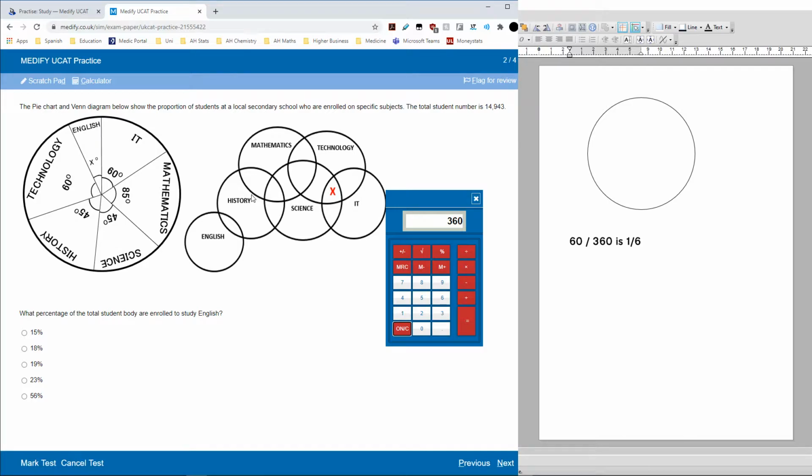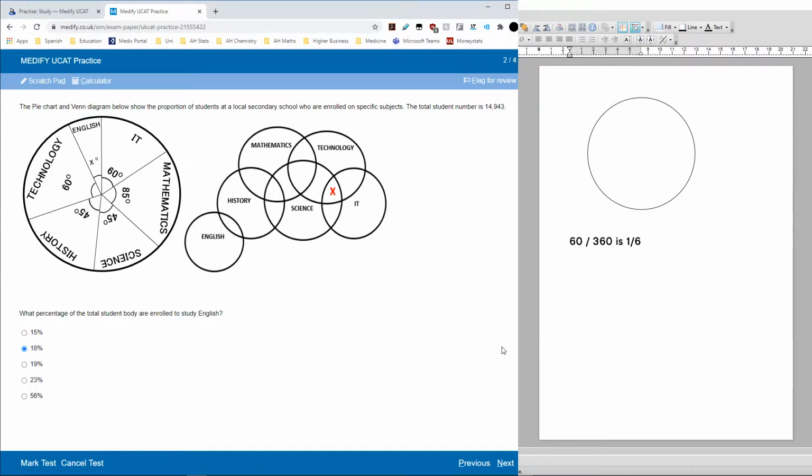So we take away 60, take away 85, take away 45, take away 45 again, 60 again, and that leaves 65 degrees for English. We divide that by 360, and that will give us the percentage, which is 18%. I'll times it by 100 just to make sure. Okay, 18.05%. Now, the 5 is in the second digit, so we round down, so that'll become 18% of the total student body enrolled to study English.